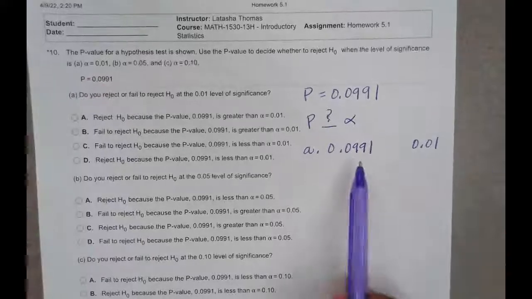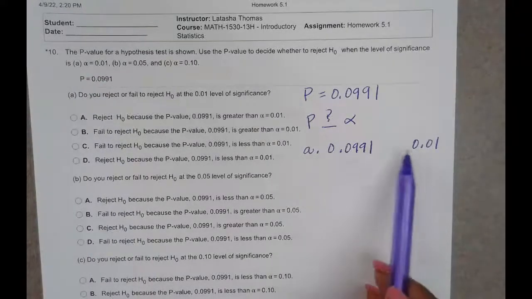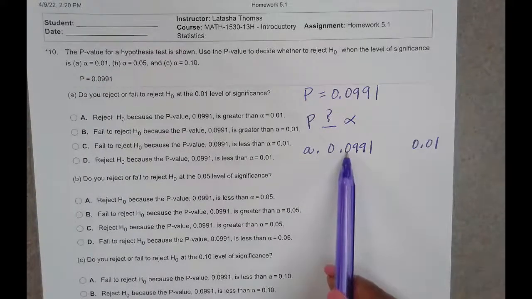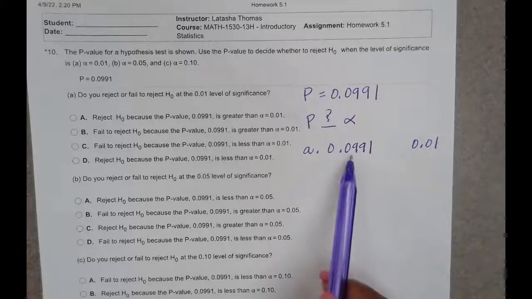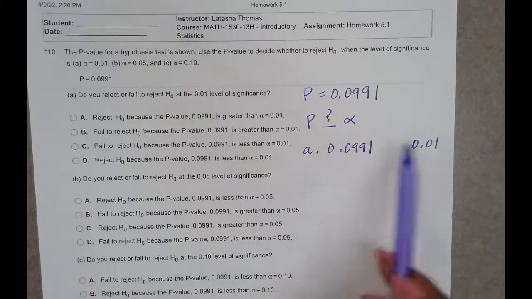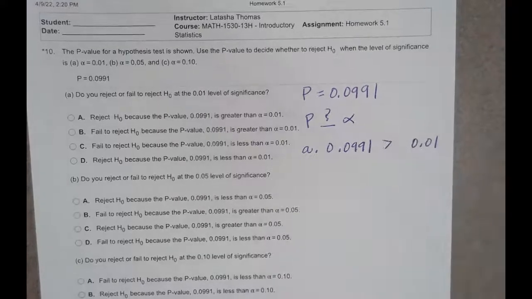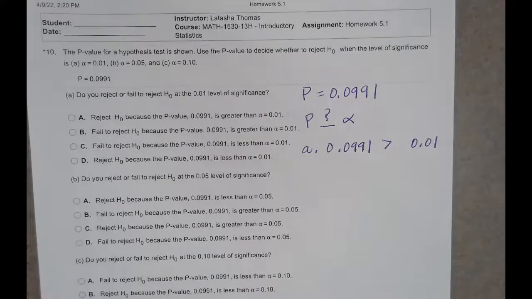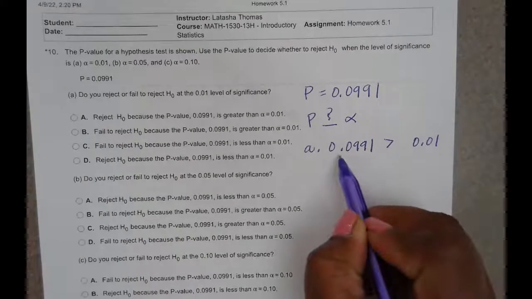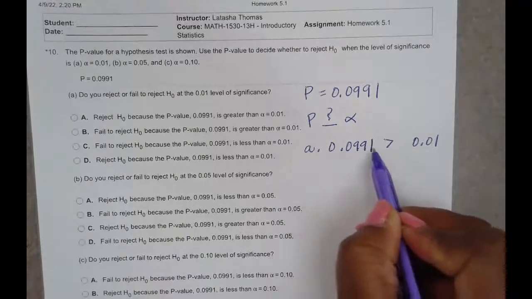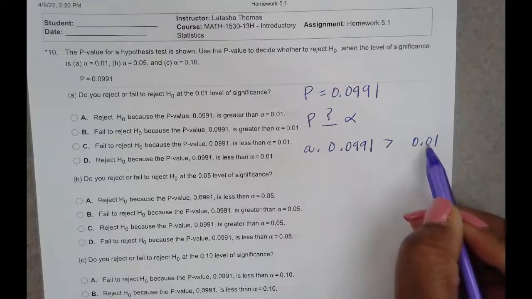Well, to compare them, I see that the first number after the decimal is the same, but this second number is a 9. This number is a 1. So it means that this is greater. So 0.0991 is greater than 0.01.